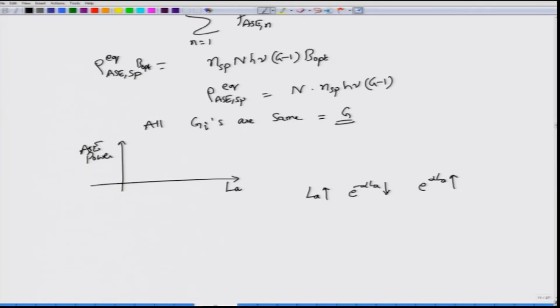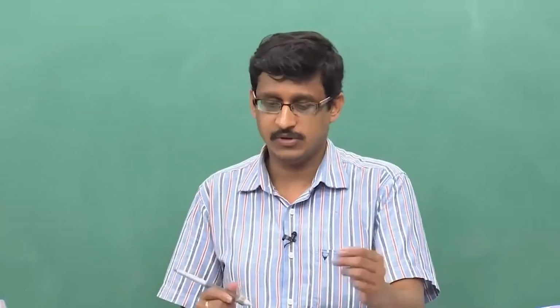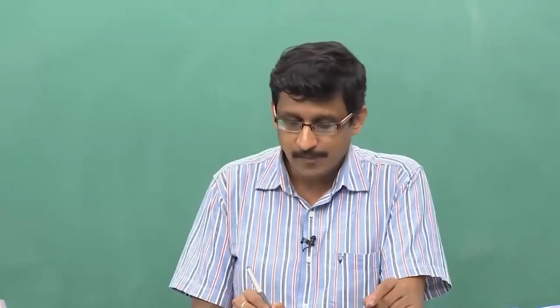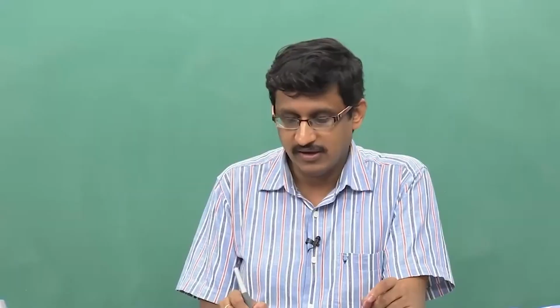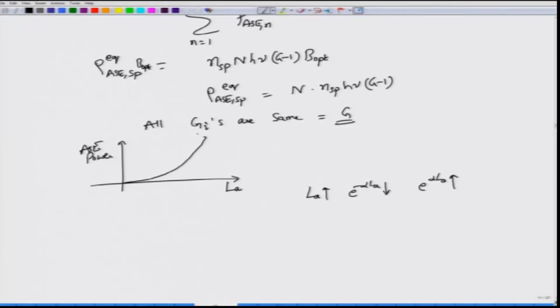Obviously, if the loss is increasing, the gain has to increase in order to compensate for the losses. But what happens to the overall ASE noise power is that it actually starts to grow exponentially. So, as the amplifier spacing increases, the total ASE noise power also starts to increase.